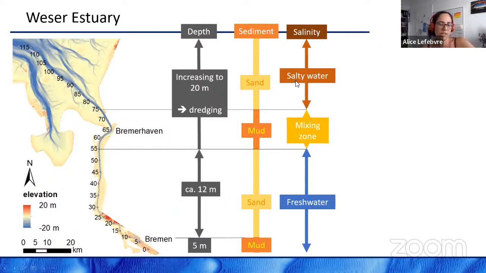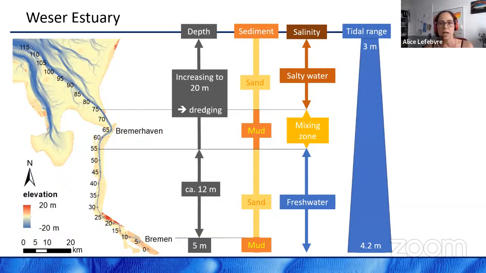So in the North Sea, we have, of course, salty water, and coming from Bremen, we have the fresh water. We still have fresh water during most of the estuary, and around Bremerhaven, we have the mixing zone where we have brackish water. And then we have the tidal range, which is increasing from 3 meters in the North Sea up to 4 meters in Bremen.